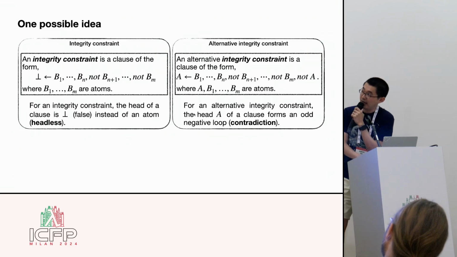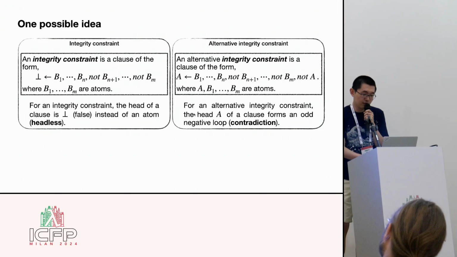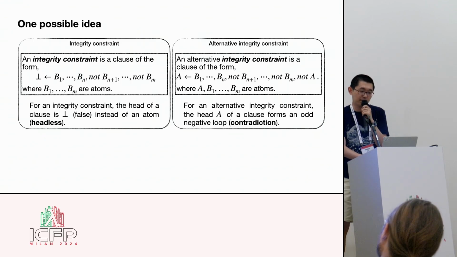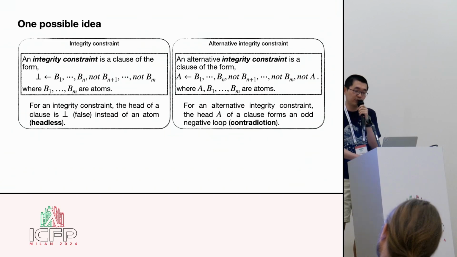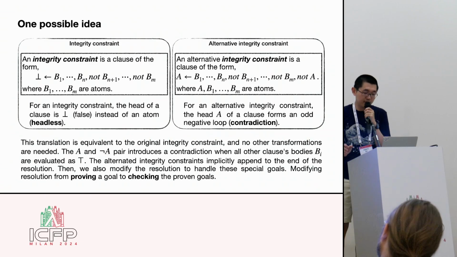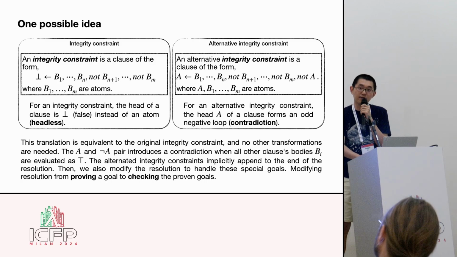We're using the head of A to create some kind of odd negative loop. It introduces a contradiction. If all the literals in between become true, this says A and not A are going to be true at the same time. It's impossible, so this is a contradiction. We try to introduce one. Then we also modify the resolution, where you need to change it from proving the answers to checking all the proven goals.